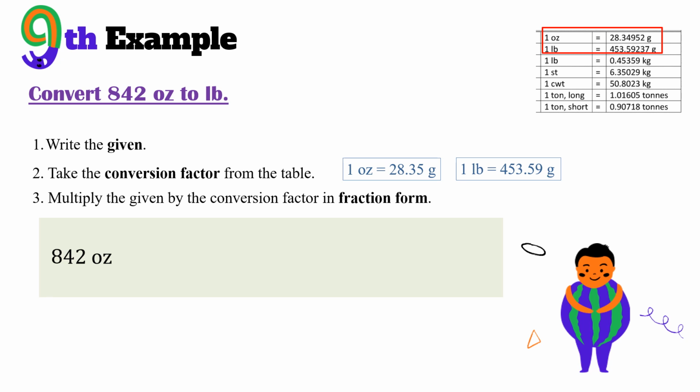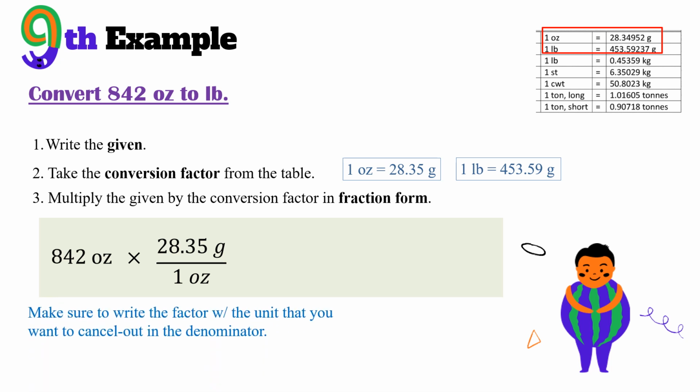First we are going to convert ounce to gram, and then gram to pounds. So you multiply the given with 28.35 gram over 1 ounce. Again, you write the factor with the unit that you want to cancel out in the denominator. So in this case, ounce will cancel out. We will be left with gram.